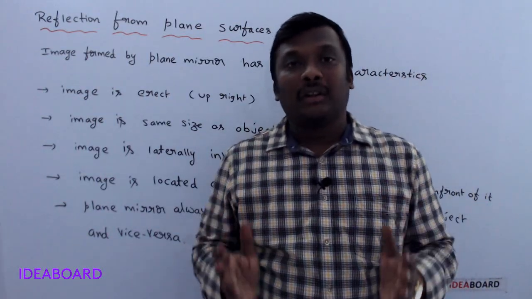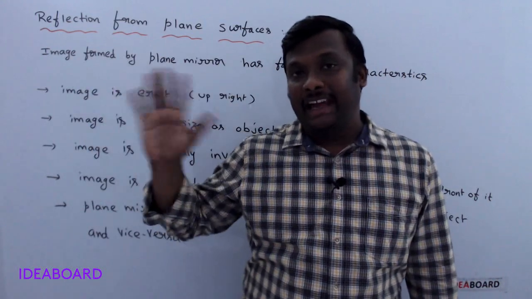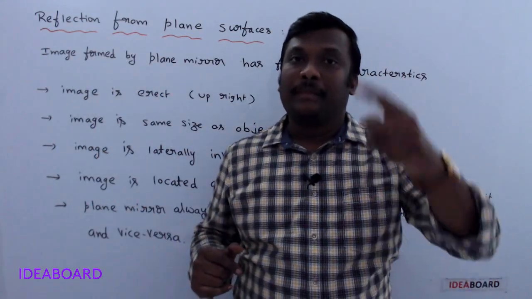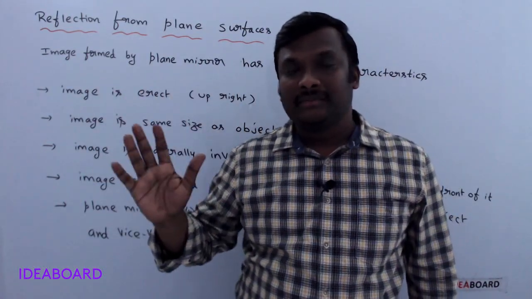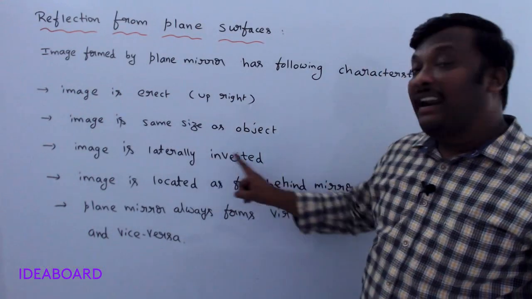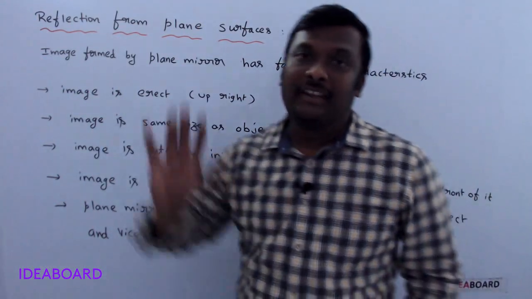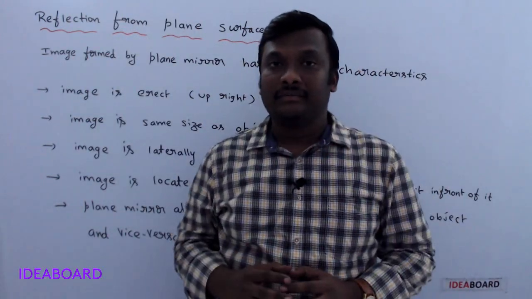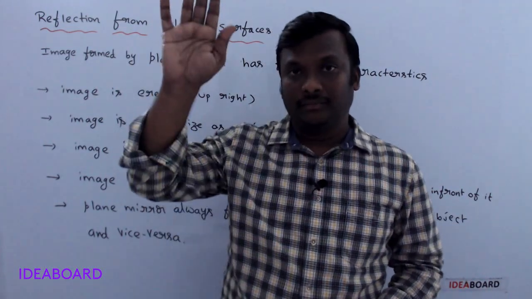If you stand before a mirror and if you move your right hand, then inside the mirror, the image moves its left hand. That is called laterally inverted. Do you understand? If you raise your right hand, then the image raises its left hand. Clear? Lateral inversion means like that.